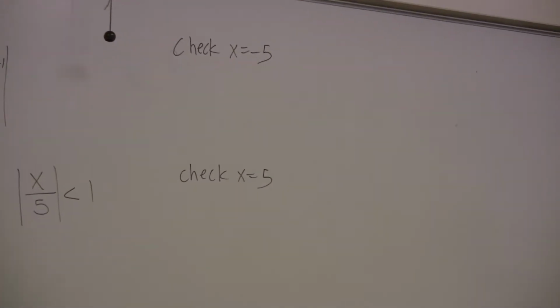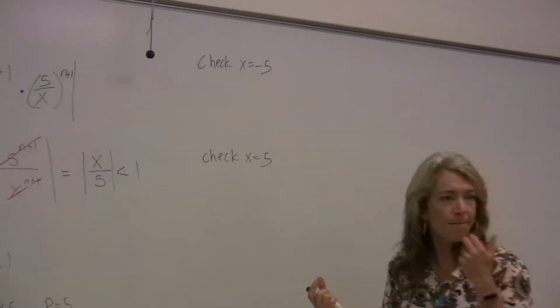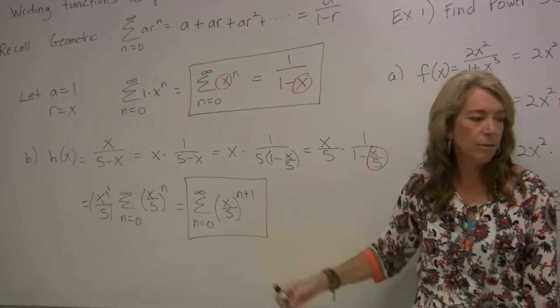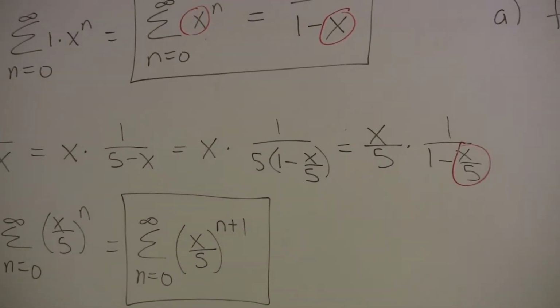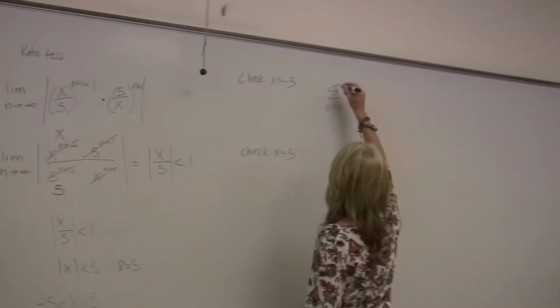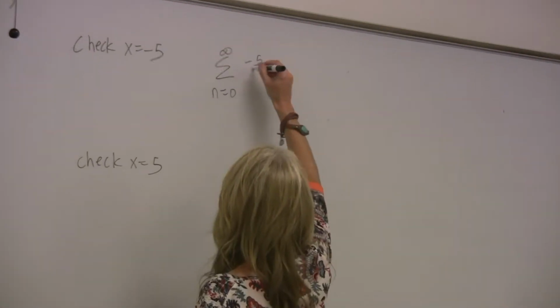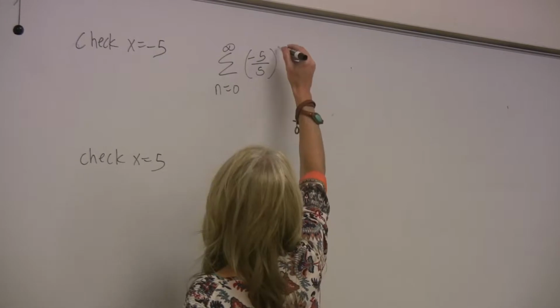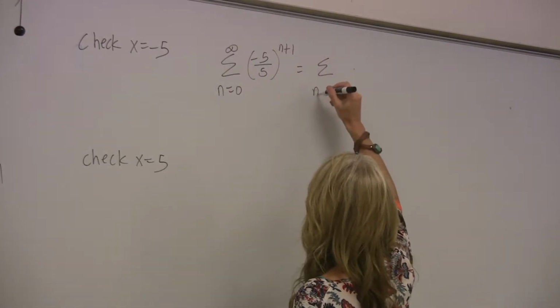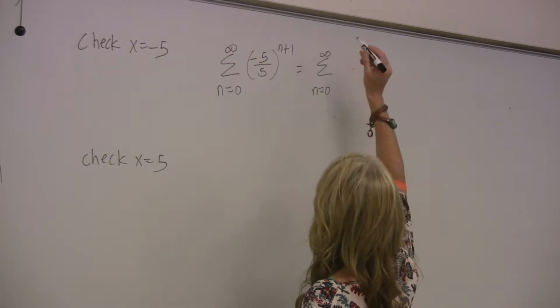So where am I checking them? Negative 5 and 5? Yeah, but what do I do with those? Oh, so it goes back into the original series over here. I need to plug them in over here. So when I check negative 5, that's negative 5 over 5 to the n plus 1. Which simplifies to what?